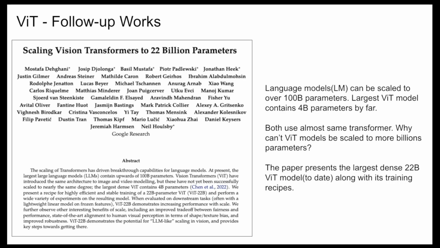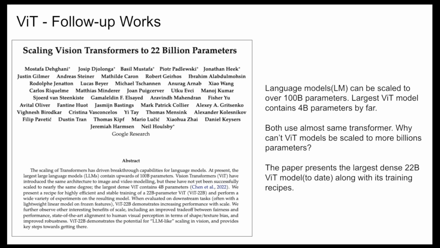So the last follow-up work, which was introduced recently in 2023, it's not even been 2 months since these papers were introduced, is Scaling Vision Transformers to 22 Billion Parameters. The scaling of transformers has driven breakthrough capabilities for language models.